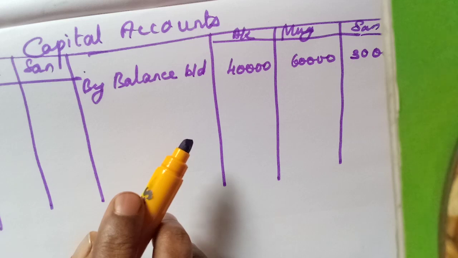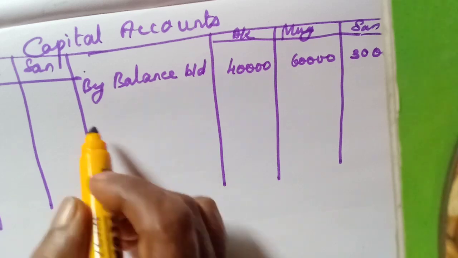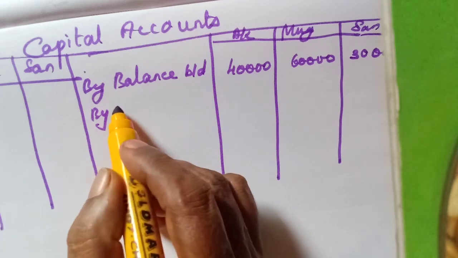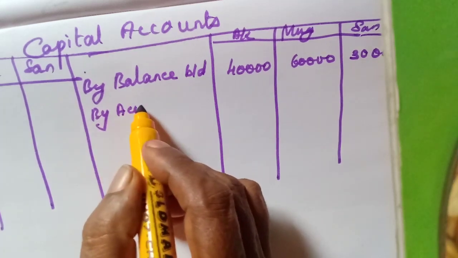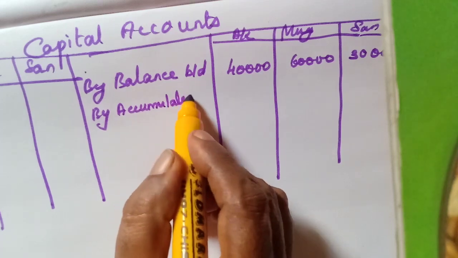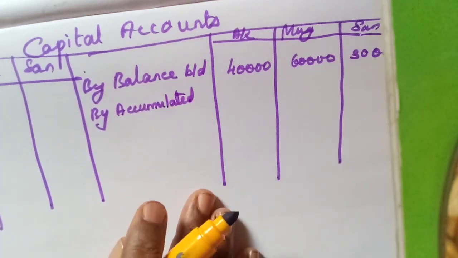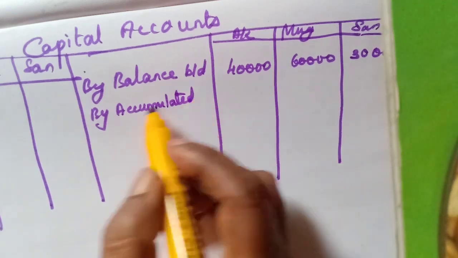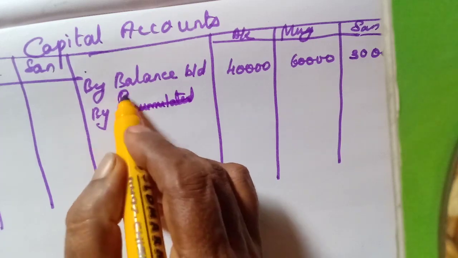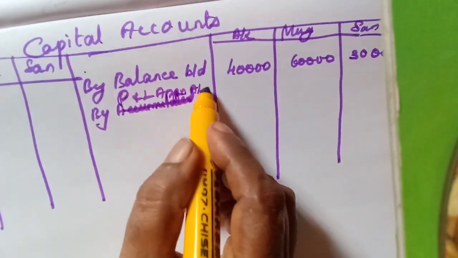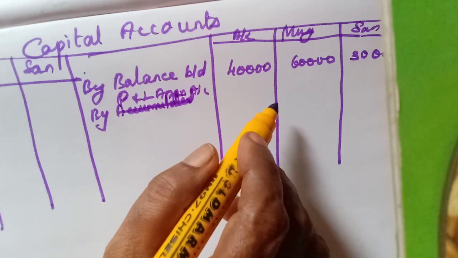Now by accumulated profits. Or we can write each one separately. Profit and loss appropriation account 12,000.